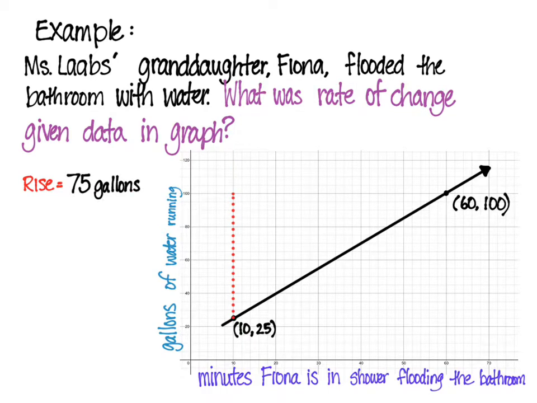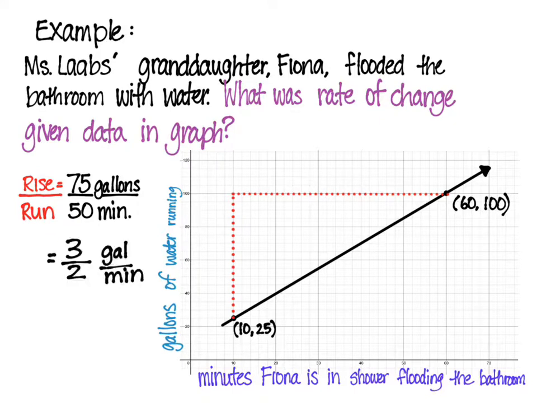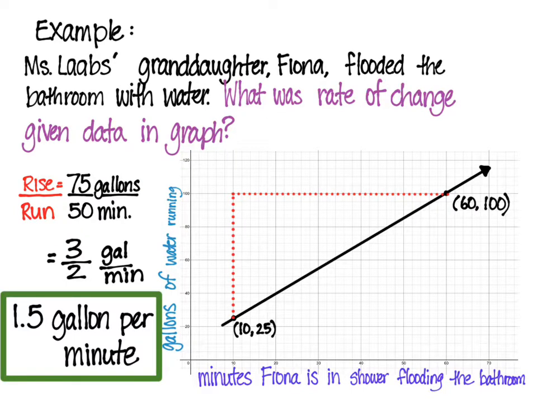So that means the rise was 75. And since we're on the rise, going this direction, it's gallons. It's following this axis, so it's gallons. The run would be from 10 minutes to 60 minutes, which is a grand total of 50 minutes. Reducing that fraction is 3/2 gallons per minute. Well, that's not easily usable. It's perfectly fine in a math class, but we would change that to 1.5 gallons per minute. And that's the rate at which the water was flooding the bathroom.